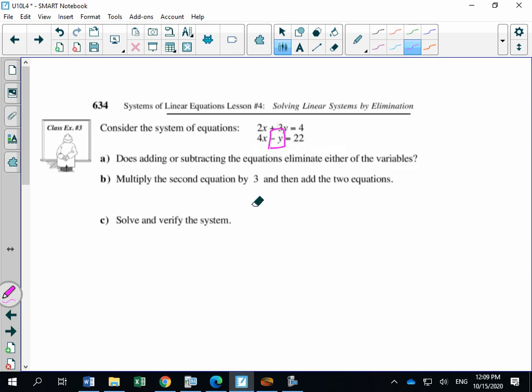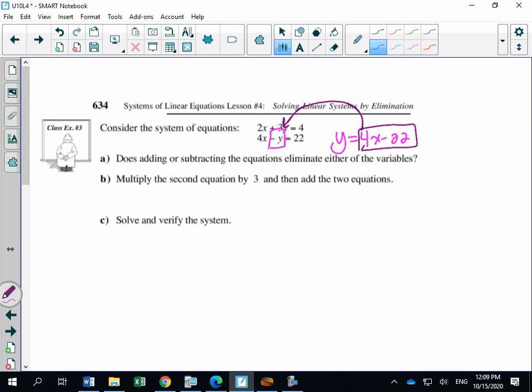And what I would get would be y is equal to 4x minus 22 if we were doing substitution. Then you would box in that 4x minus 22. And where would I put this? In equation 1. And which letter does it go in for? It goes in for y.